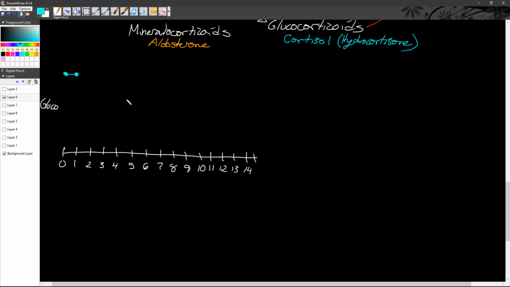This is your endogenous glucocorticoids. What ends up happening is that, let's say on day 2, I give the patient exogenous glucocorticoid.